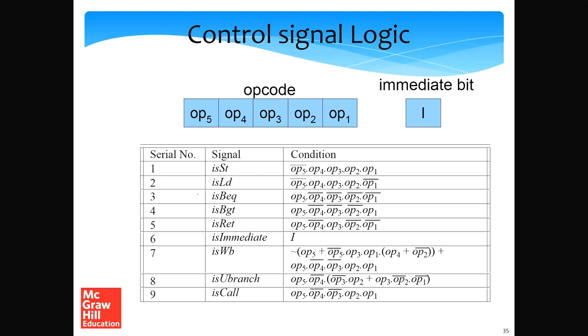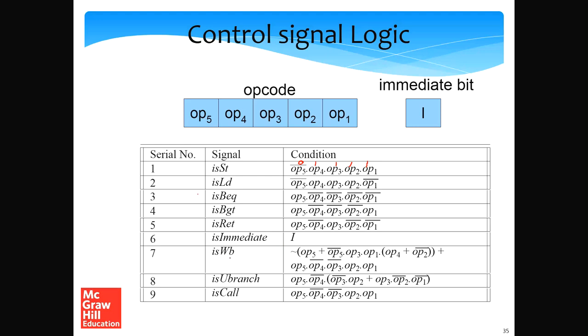So this condition basically means that if the OP5 bit is 0 and the rest of the bits are 1, 0, 1, 1, 1, 1, we have the isStore instruction, the isStore signal is set to 1. So similarly, there are conditions for the rest of the signals.